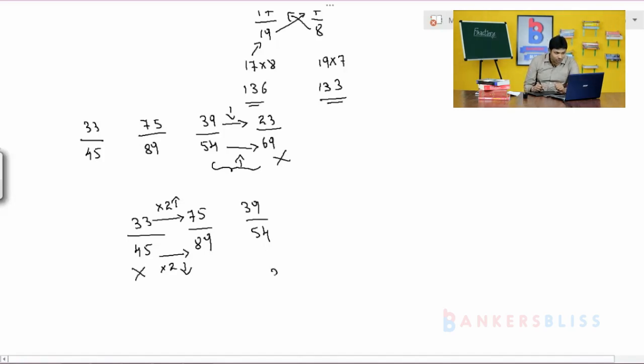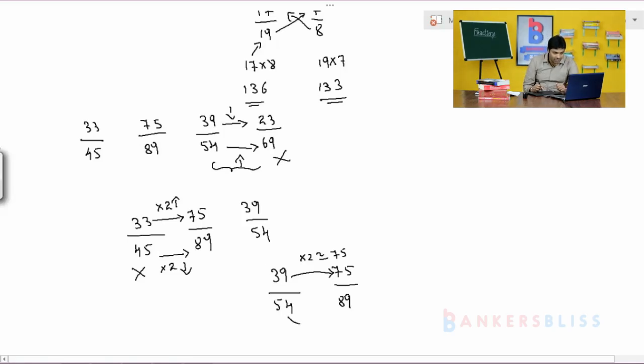Now you have an option, that is 39 by 54. This is one fraction. Next, 75 by 89. This is one more fraction. Now again you go with these two. 39 2s are 78. So into 2, it is very near to 75.